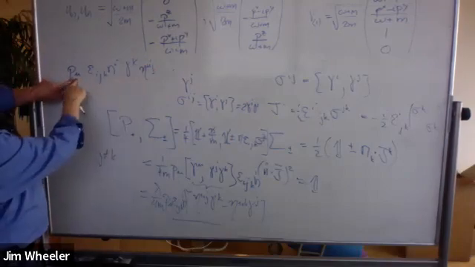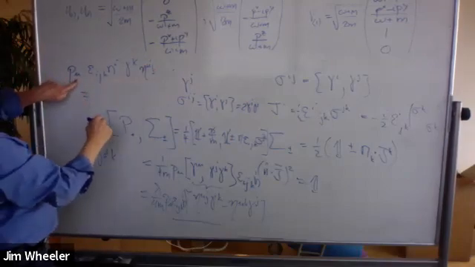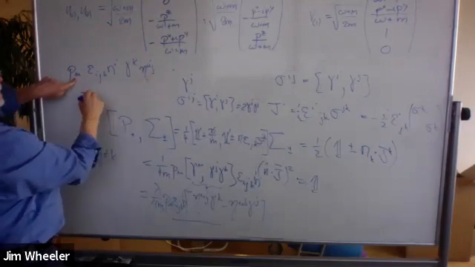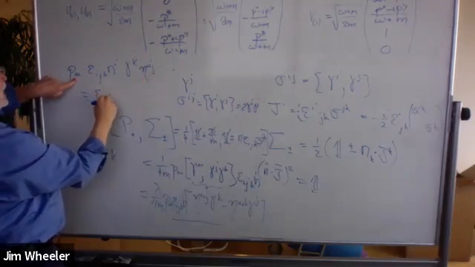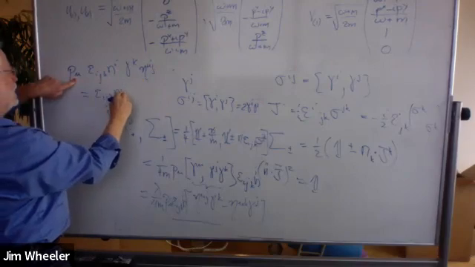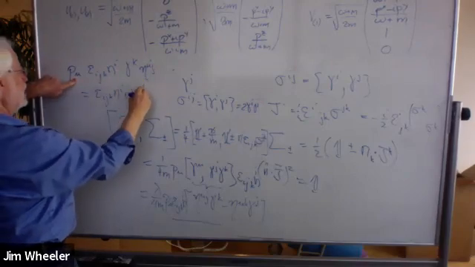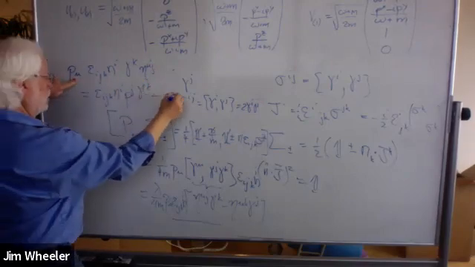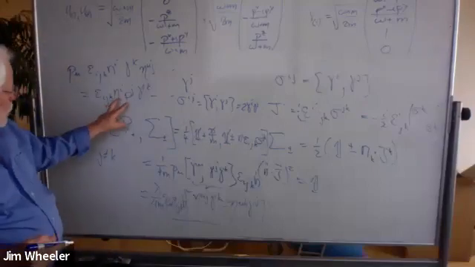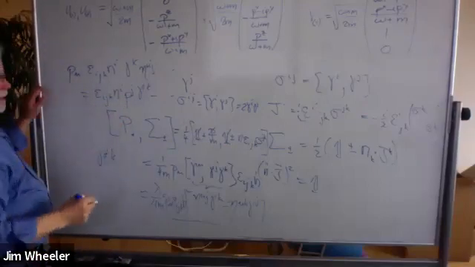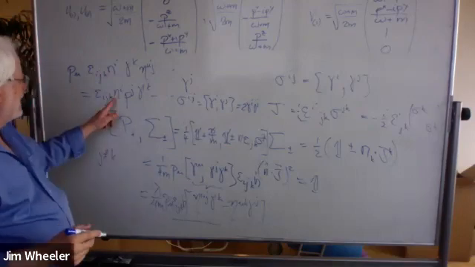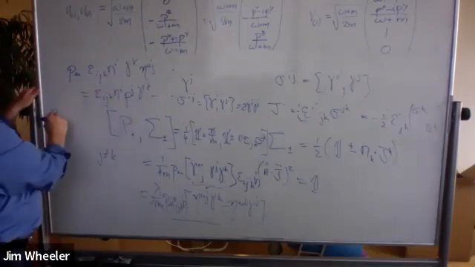The eta mu j is going to give me the j component of this momentum. So I'm going to have epsilon ijk n_i p_j gamma k plus another similar term. The point is that this is not 0 unless n cross p is 0.